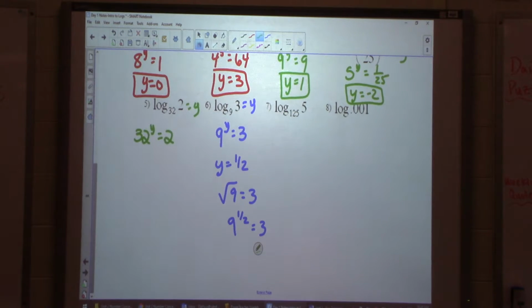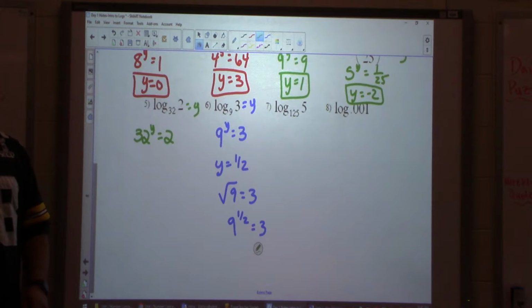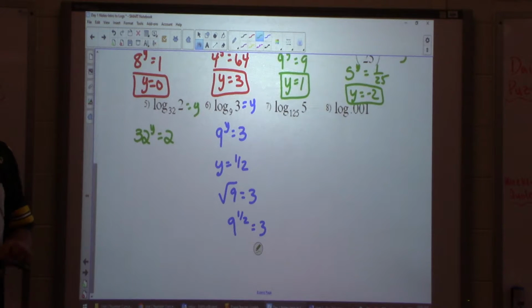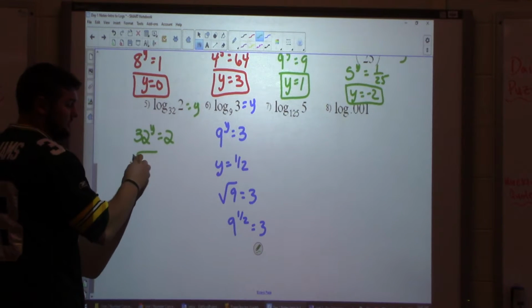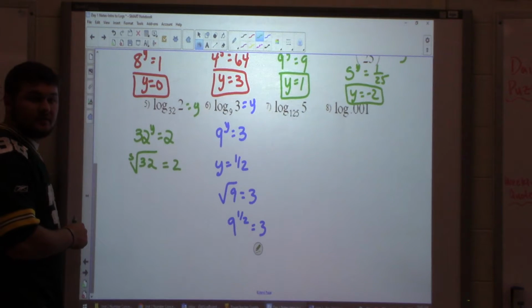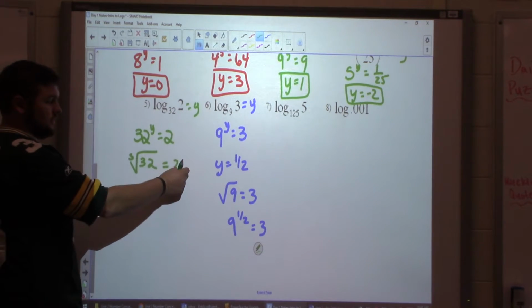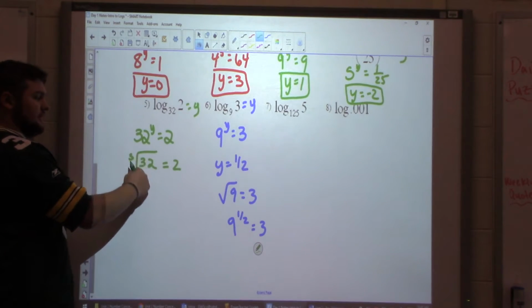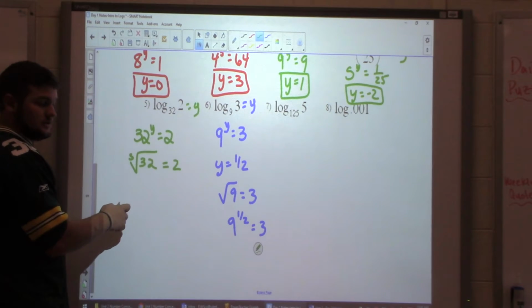The fifth power. So I know the fifth root of 32 will give me 2. I'm working backwards. 2 to the fifth is 32. The fifth root of 32 is 2.